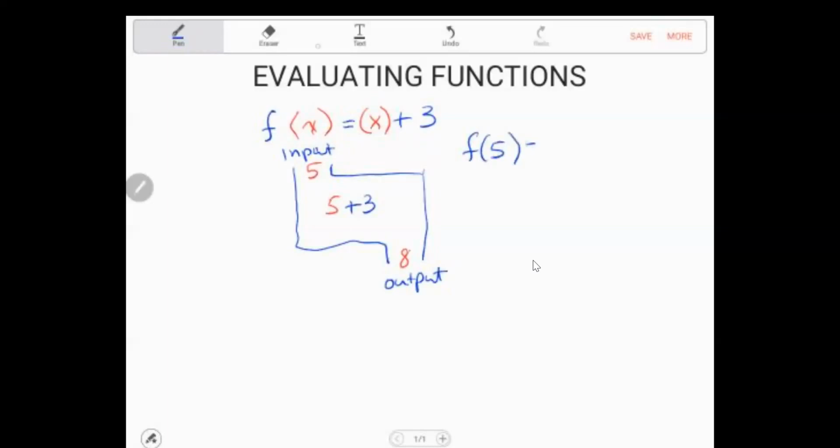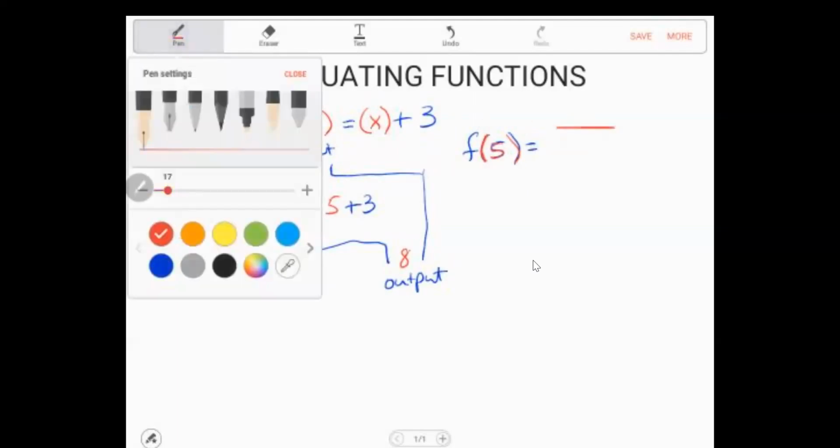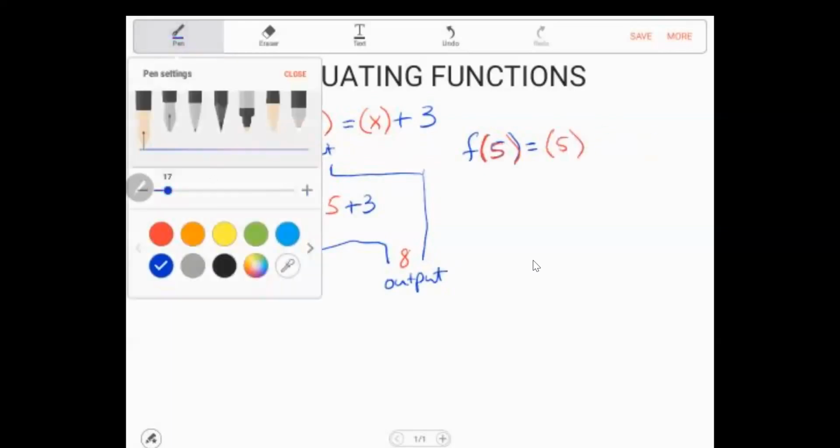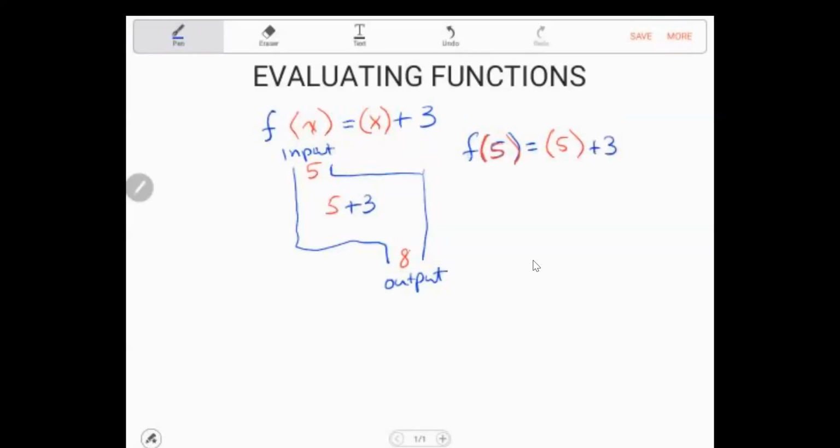F of 5 is going to equal 5 plus 3. Notice I just replaced the x. This was our original function, f of x is x plus 3. So since I was replacing the x with a 5, we call this the function with input 5.